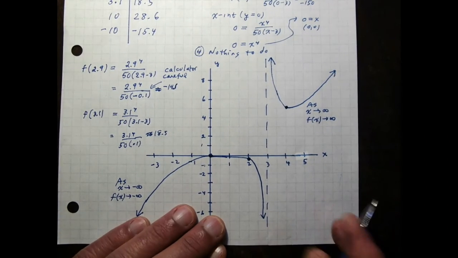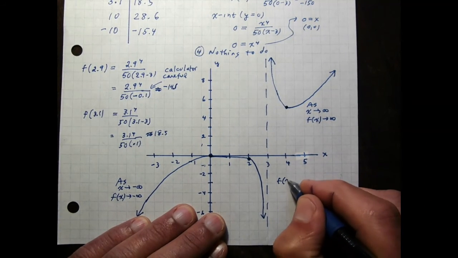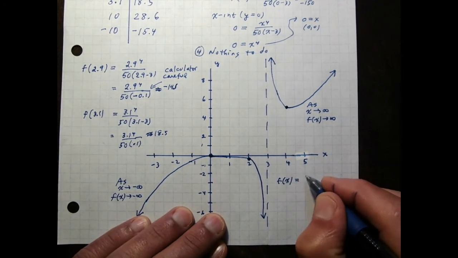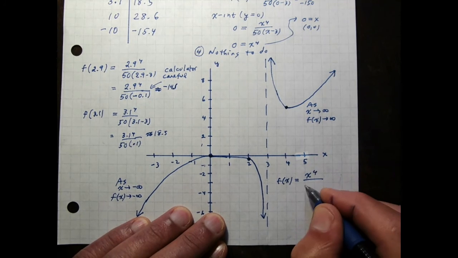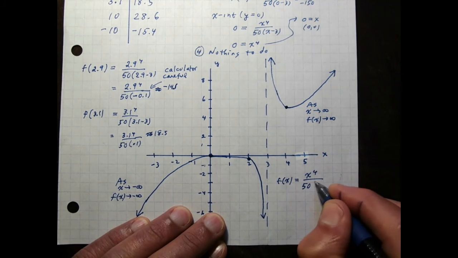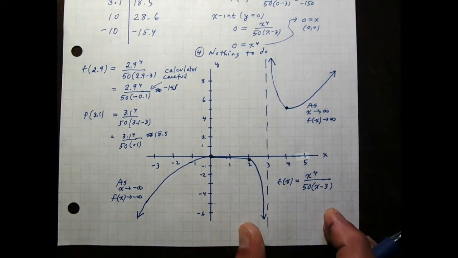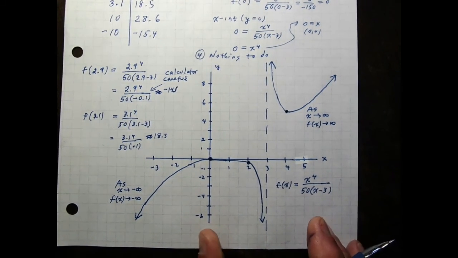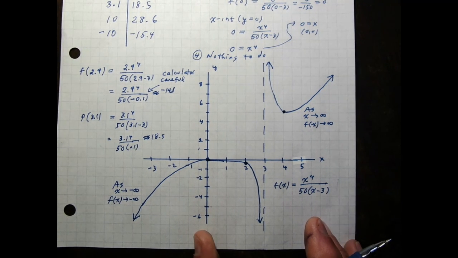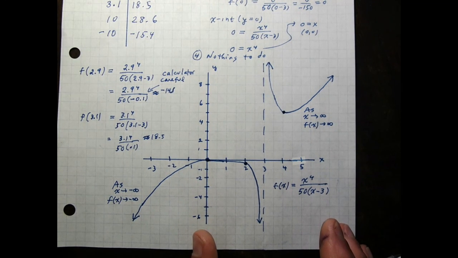And since we can't see my expression for the function, I'm going to recopy it right here. So not a complicated graph, but it took some point plotting because there wasn't that much information from the asymptotes and intercepts to get me started. So there's one vertical asymptote, no horizontal asymptote, just one intercept point, and there's our sketch of the graph.